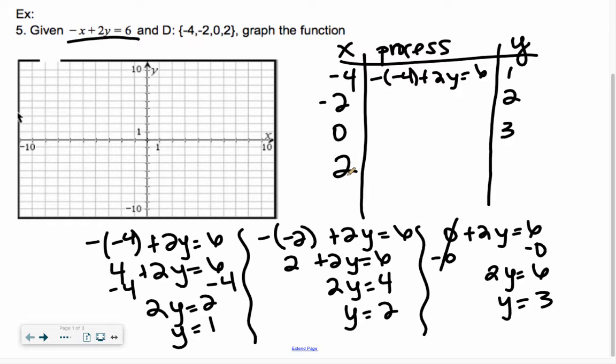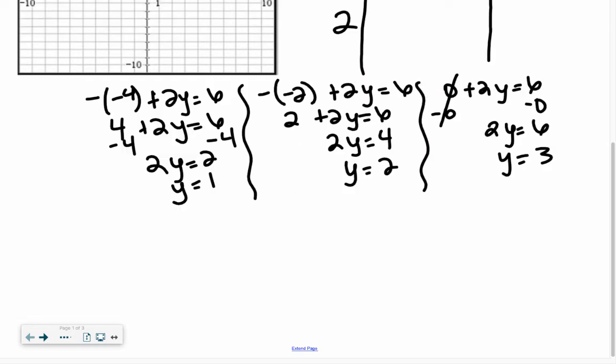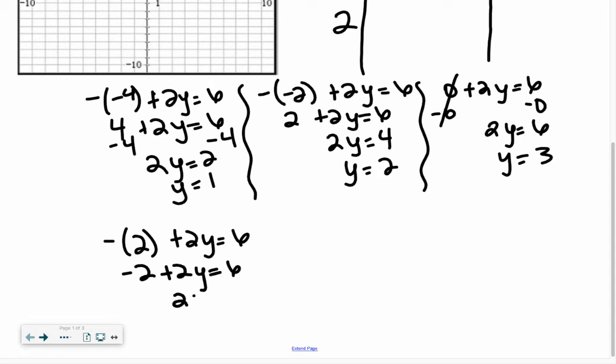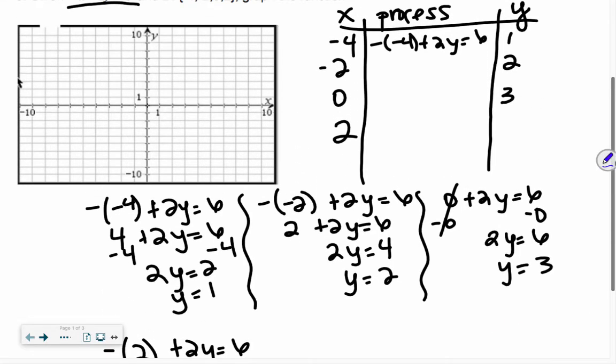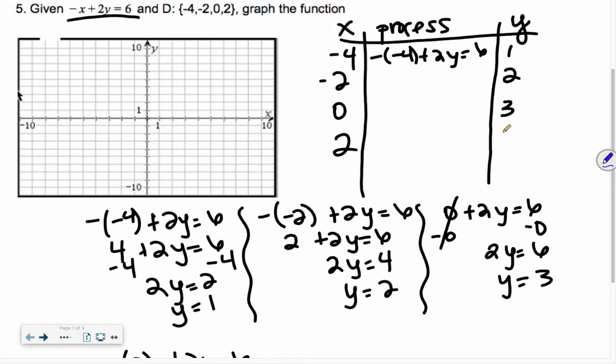And then when I plug in a 2, I get -2 plus 2y equals 6. 2y equals 8, and y equals 4. Don't know why it changed colors on me there.